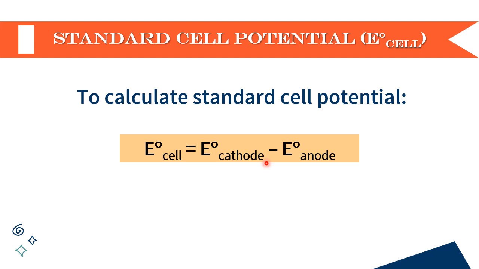So what are our electrodes? We have cathode and we have anode. So to calculate the difference, it must be E0 cathode minus E0 anode. Again, where are we going to find the values of E0? We're going to take them from the standard reduction potential table.